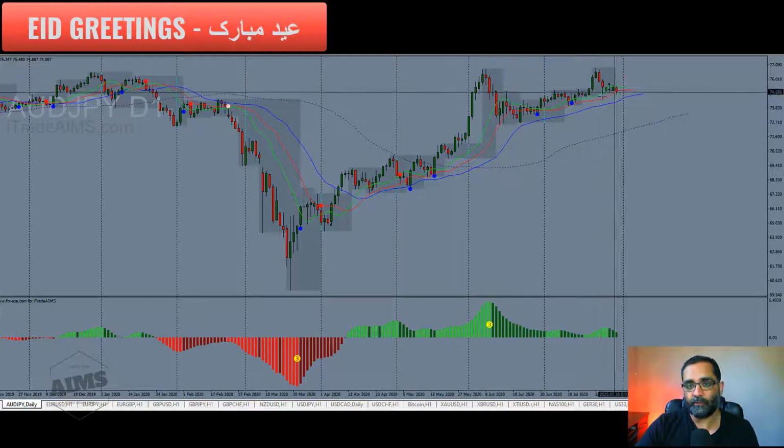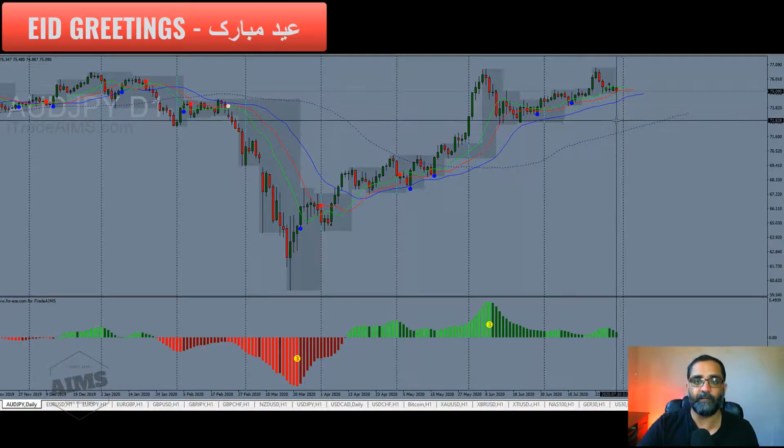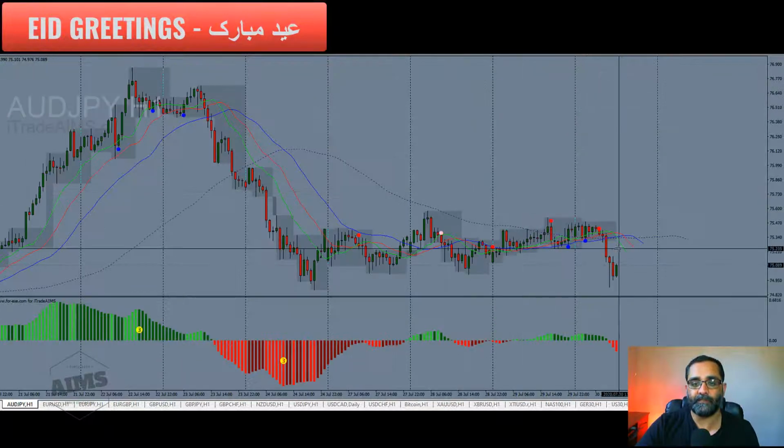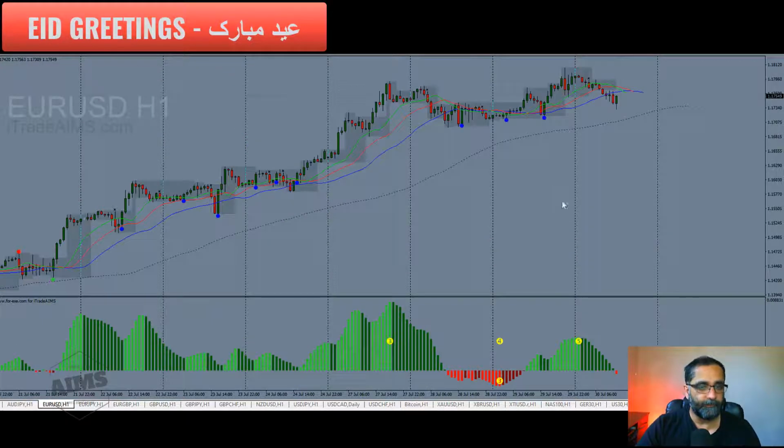And then the outlook for this, now it seems like it's doing an ABC down. So if you had that in mind, then you probably found it easy to take this trade here. But even then, if it didn't meet your setup 1 rules like what we do in AIMS, then if you gave it a miss because it's setup 0, that's fine.